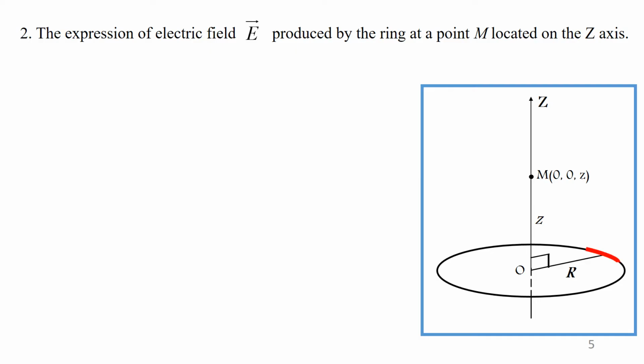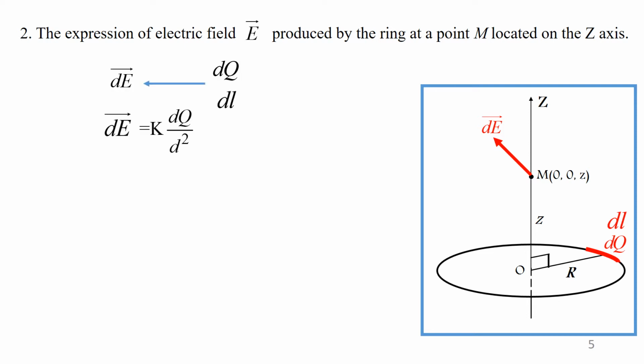We break down the ring into small elementary portions dl, and each elementary dl carries elementary charge dq, and each dq produces an elementary field dE at the point M. According to Coulomb's law, we can write dE equals k dq over d squared, and we add the unit vector. dq is equal to lambda dl. We replace it, and d is the distance between the elementary charge and the point M.